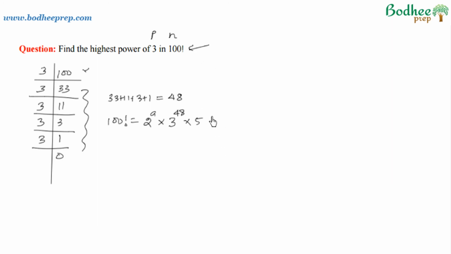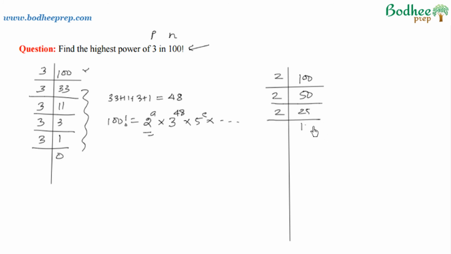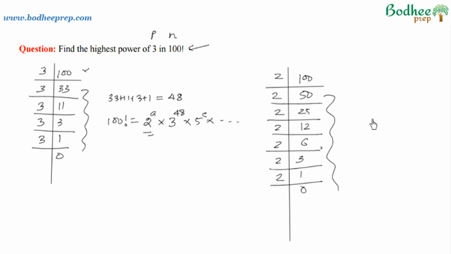And we could have done it for 5, 6 and 7, etc. Let us also do it for 2: what is the highest power of 2 in factorial 100? So we can take 100 and start dividing it by 2. So it will be 50 times, then 25 times, then 2 will divide 25 12 times, then 2 will divide 12 6 times, then 3 times, then 1 time, and now we have to add all these exponents.